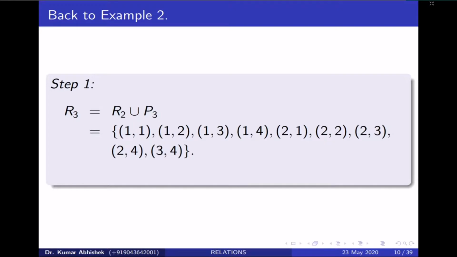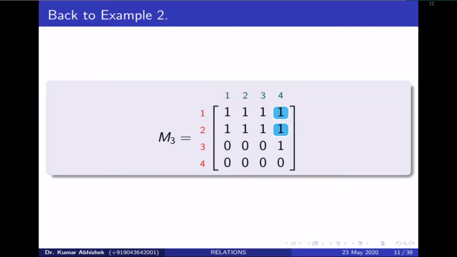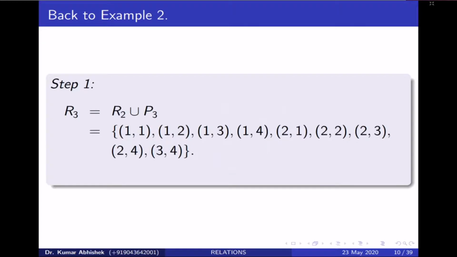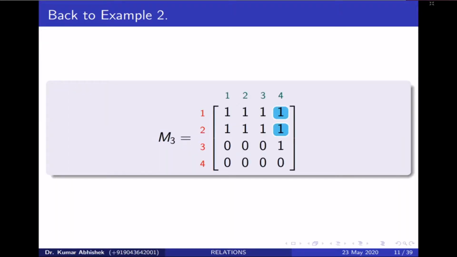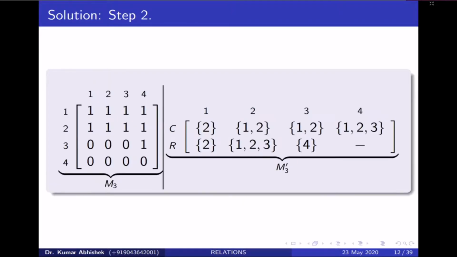So for that, we again construct the matrix M3 corresponding to the relation R3, and here you can see the highlighted elements are the elements corresponding to P3, which has been added to the relation R2. So using this matrix M3, we construct the matrix M3 dash and find the entries under the column 4.